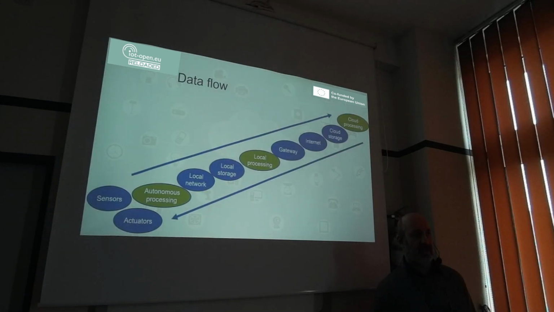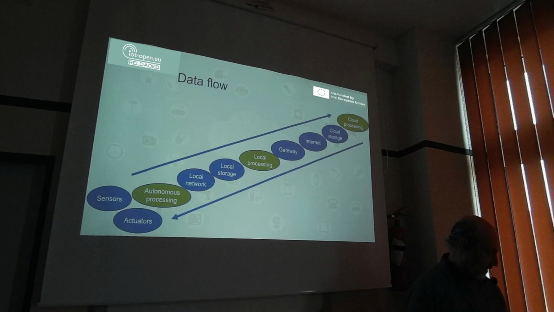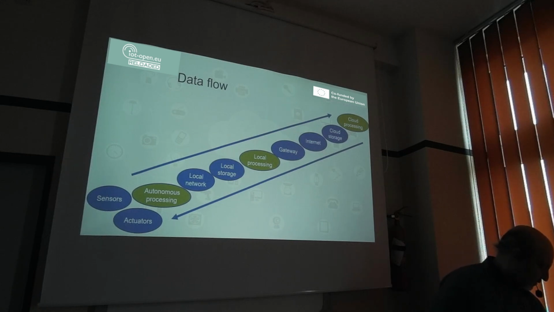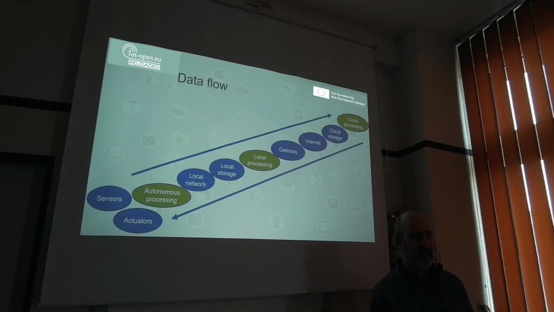There is such a commonly known picture that shows the data flow in IoT systems. Here on the bottom part of this data flow, we have sensors, and sensors, of course, produce some information.